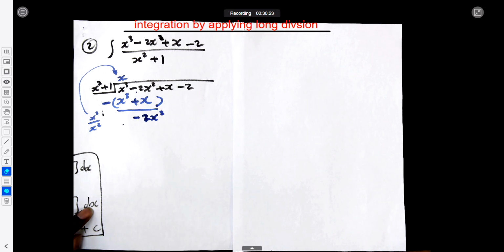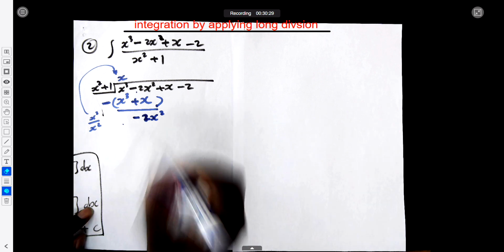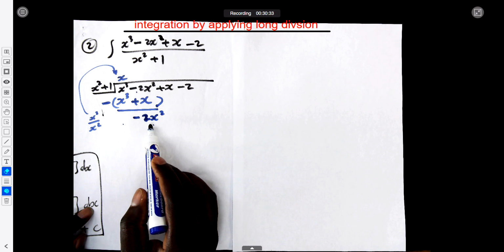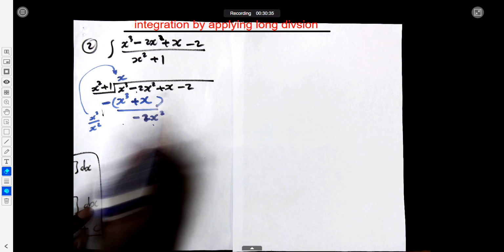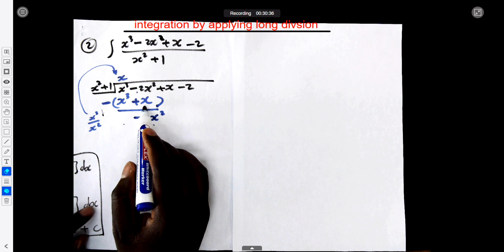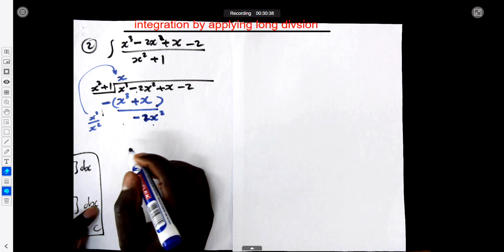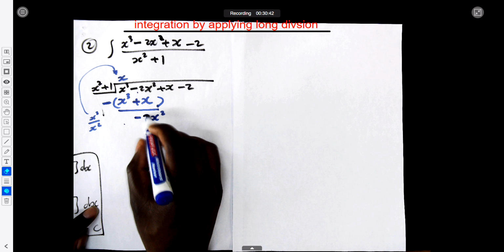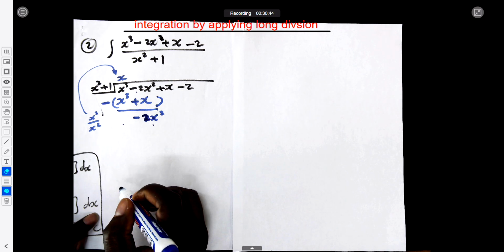It doesn't have a like term, so you drop it down as it is, always subtracting 0. So we have minus 2x squared. And then x minus x, so it's 0.